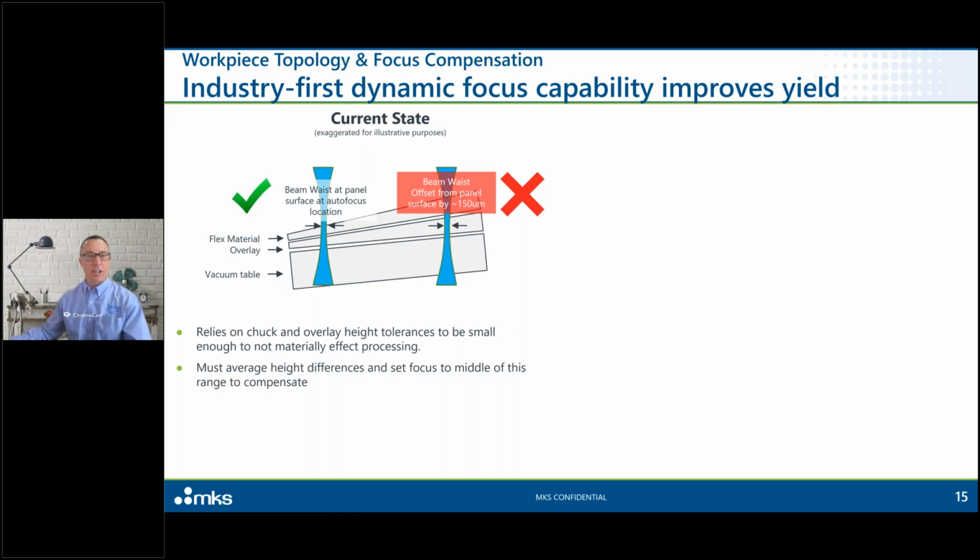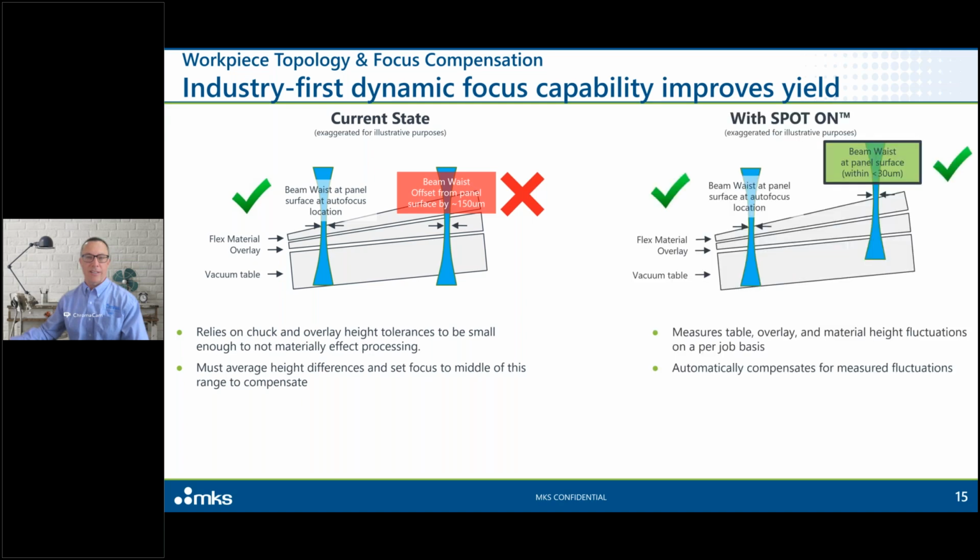So this does rely on some of the pre-setup of the system before processing, where typically a customer will take an average of the height variation and make some setting changes on the focus, usually using a Z height change in the manufacturing process. But that is prone to error because you aren't looking at the entire panel. You're being selective and you're taking an average.